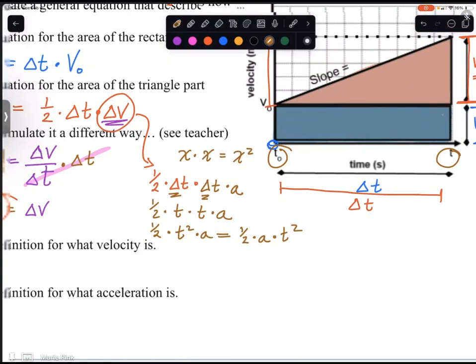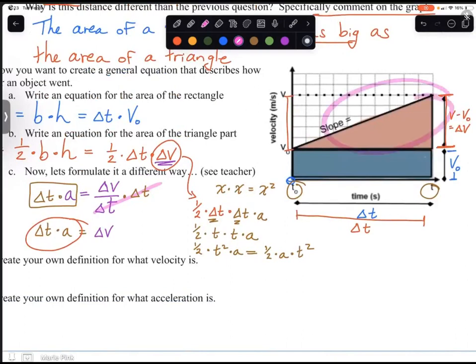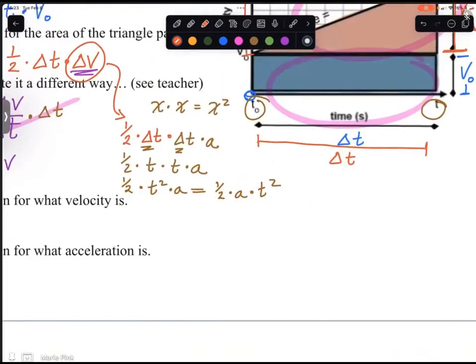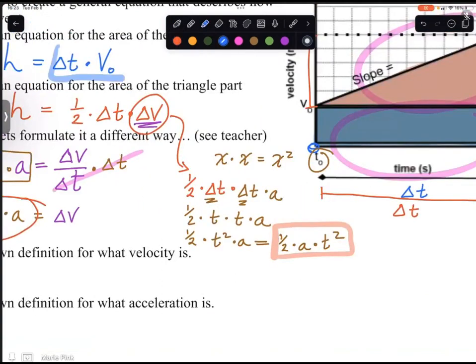Okay, so if I do that, and I want to figure out my total distance that I traveled, I'm going to need to include both the triangle plus the rectangle. All right, well, your triangle is this part that I just did, so that's this. And I'm going to add to it the rectangle part. And so here's the rectangle part.